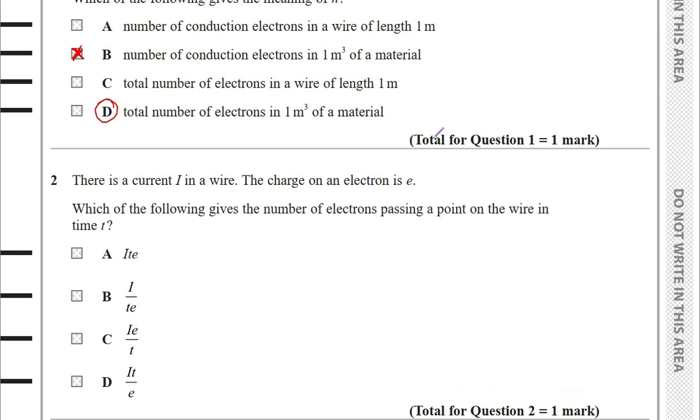Question 2 says, there is a current I in a wire. The charge on an electron is e. Which of the following gives the number of electrons passing a point on the wire in time t? For this, you can think of it this way. Charge of one electron is e, so the charge of n electrons would be Ne. You can also think of this as the total charge.